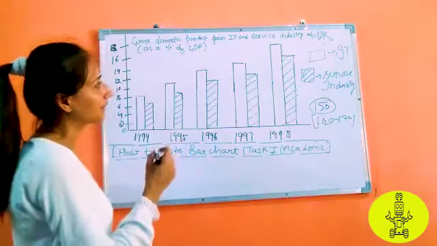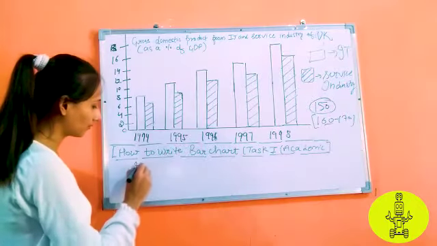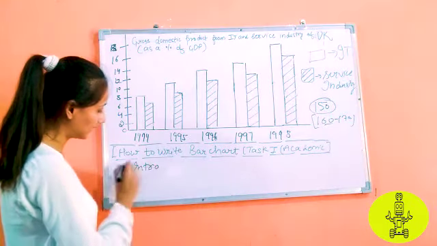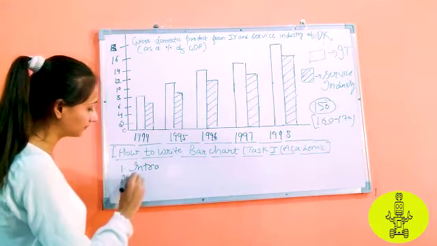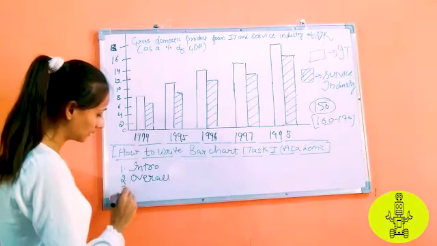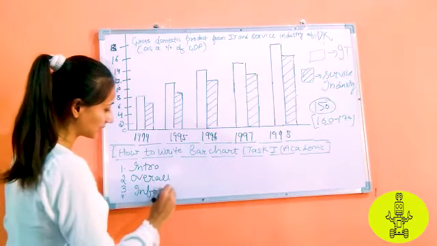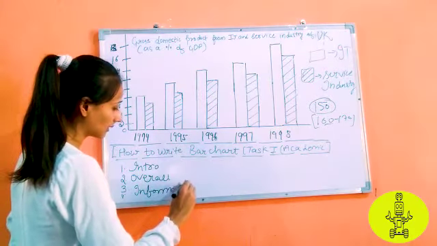When you write Writing Task 1, firstly you need to write your intro. Second is your overall. And third and fourth are the information that is exactly shown in your chart.